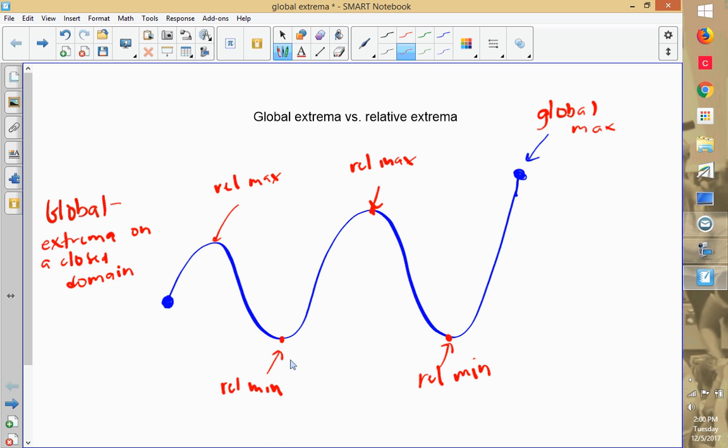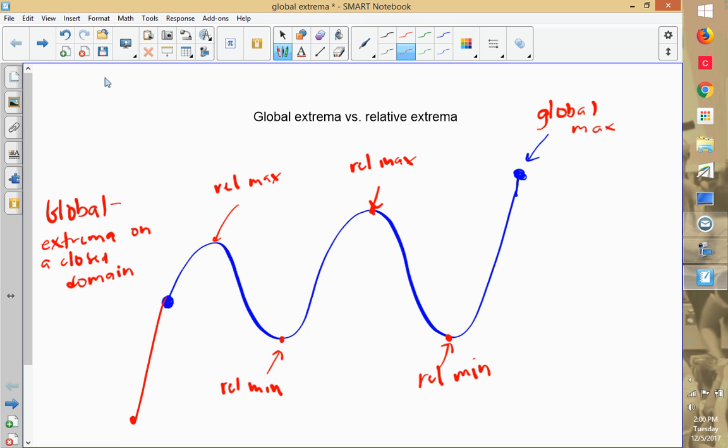My global minimum could also happen at my endpoint, depending upon where I chopped this off. If I chopped it off down here, then my global minimum would be all the way down there.